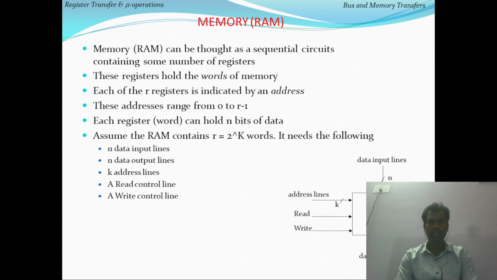We can point to the 0th address and take the data, or point to the 100th address and access the data. This memory is generally represented as number of locations multiplied by data bits. With k address lines, it can generate 2 power k address locations, and if each location has a word length of 8 bits, the memory is represented as 2 power k by 8.